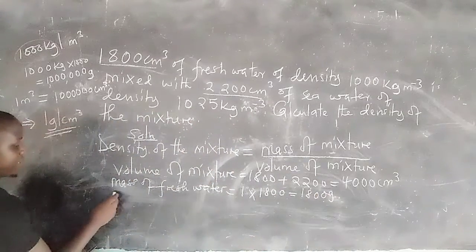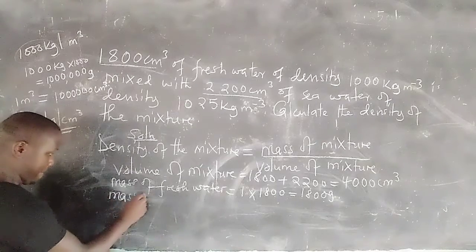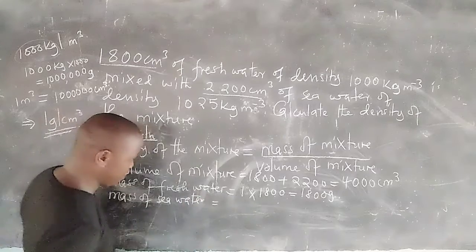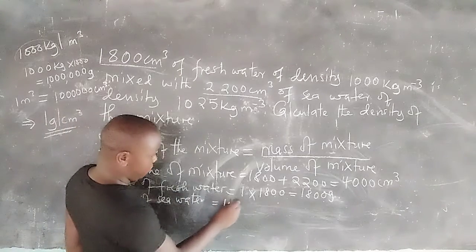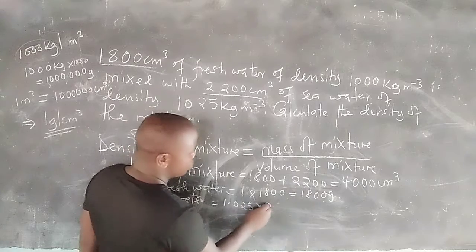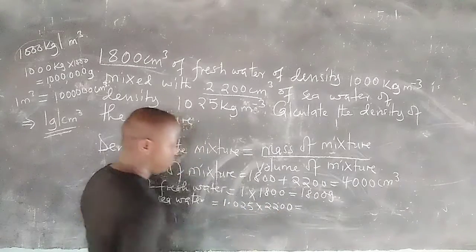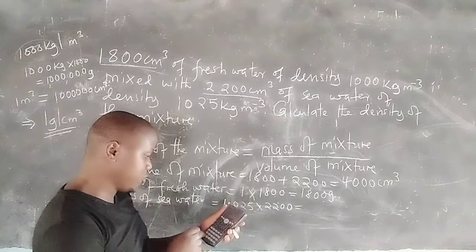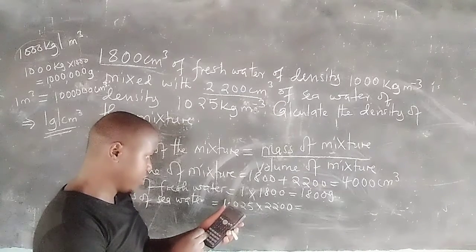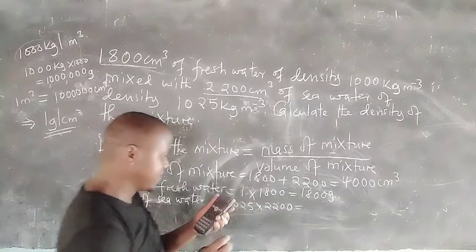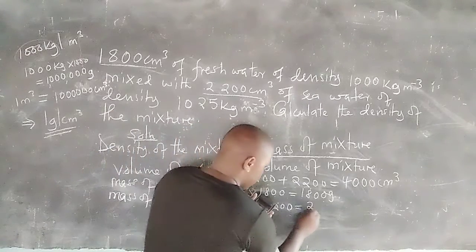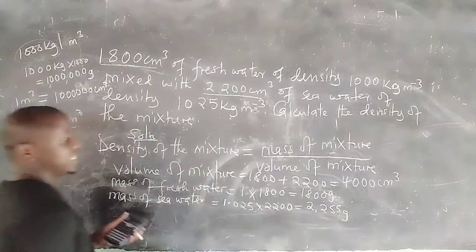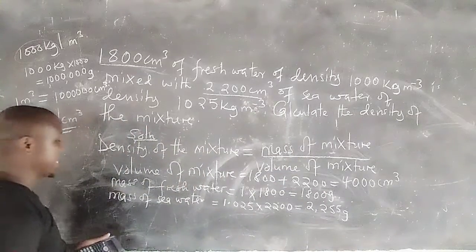We can also determine mass of seawater, which will be given by a density of 1.025 times 2,200. This gives us 2,255 grams.